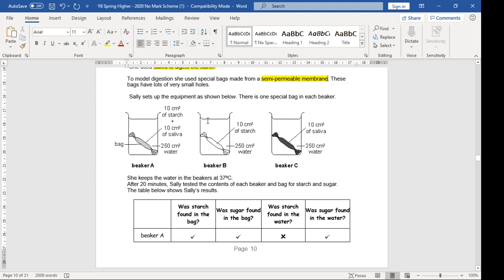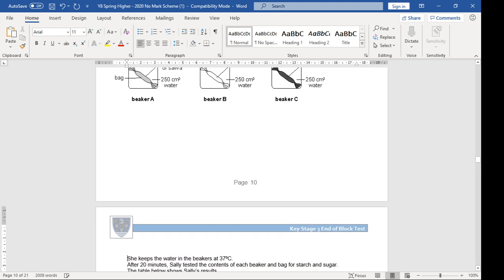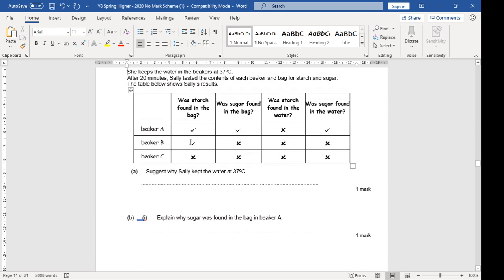And she's got 3 experiments. So this one has starch and saliva. This one just has starch, and this one just has saliva. She keeps them at 37 degrees, that's human body temperature, and then she tests them after 20 minutes.